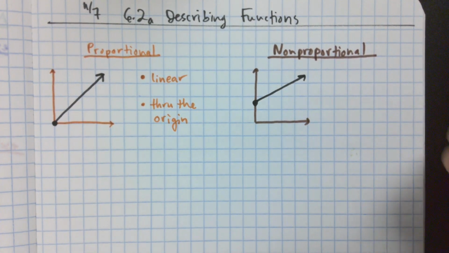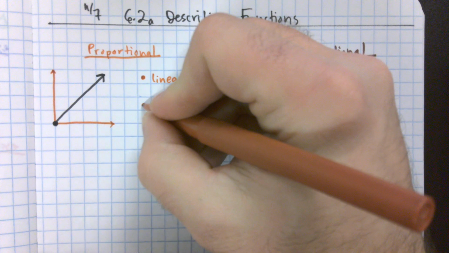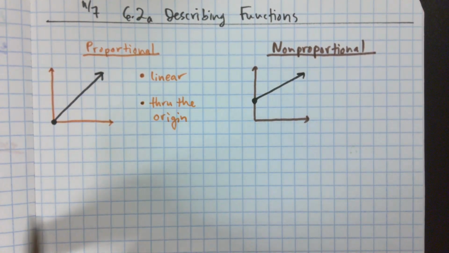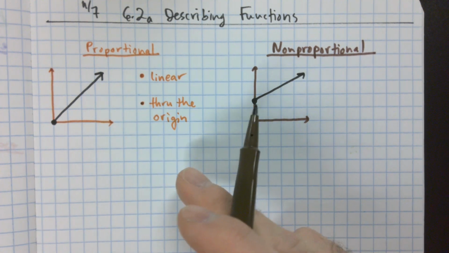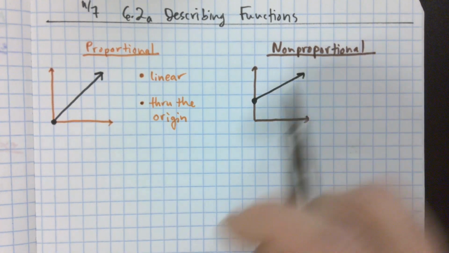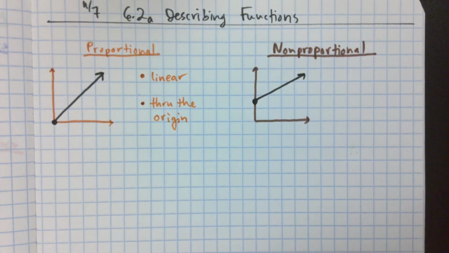Anyone notice the key difference there between those two? Yeah, Devin, what's the difference? The proportional, it goes to the origin, but the non-proportional, it doesn't go to the origin. Exactly, that's the only difference. Proportional goes through the origin, non-proportional does not go through the origin.